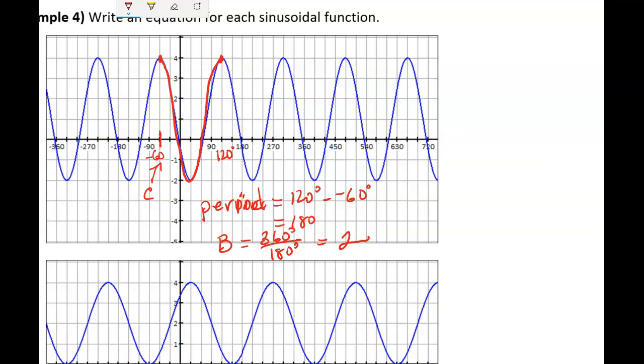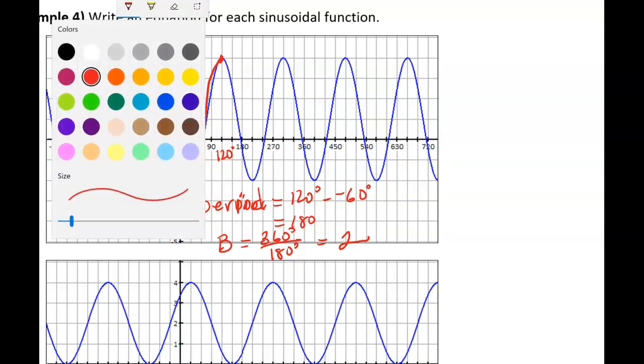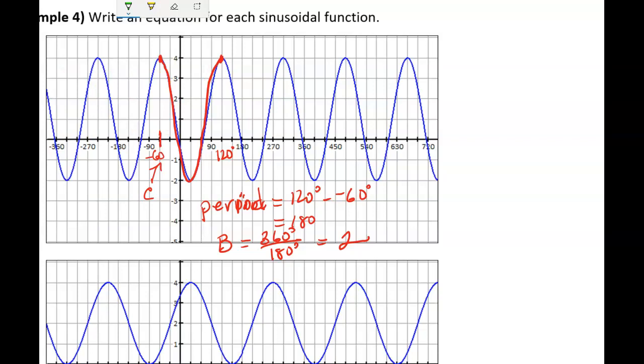Now let's find the output values, the things that are happening outside of the cosine function. Looks like that midline is right there at 1, and that our amplitude, the distance above that midline, is 3.